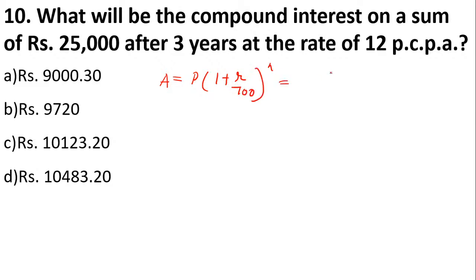What is the principal? 25,000. What is the rate? 1 plus 12 upon 100, to the power of 3. So this question takes a bit of calculation. Students, just don't get terrified.